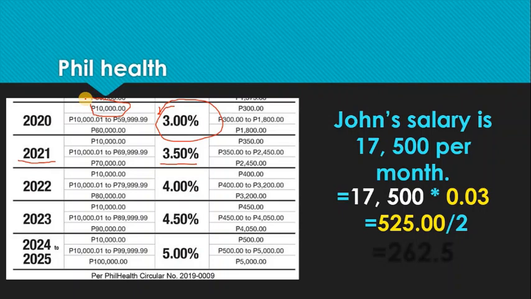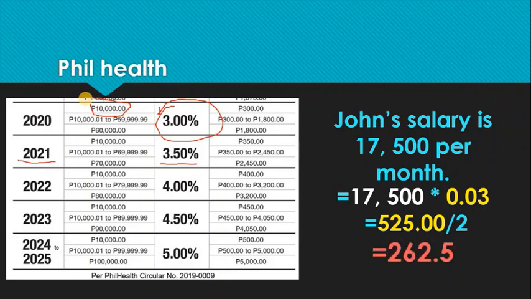And 525.00 is not your obligation to pay in full. Because again, same with SSS, it should have an employer's or your company's contribution and yours. And in PhilHealth, that should be 50-50: 50% for you as an employee and 50% for your employer. That is why you have to divide it by 2.